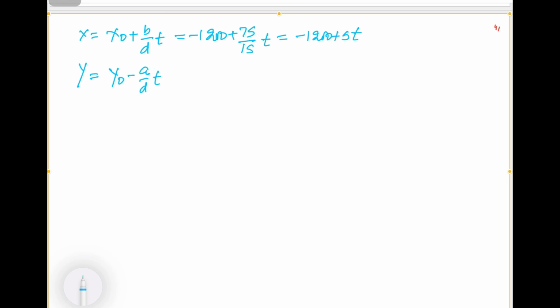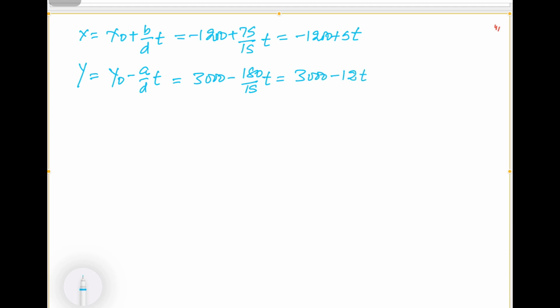Now all other solutions can be expressed as x is equal to x naught plus b by d times t, that is minus 1200 plus 75 by 15t, which is minus 1200 plus 5t. And for y it is y naught minus a by d times t, that is 3000 minus 180 by 15 times t, which comes out 3000 minus 12t.